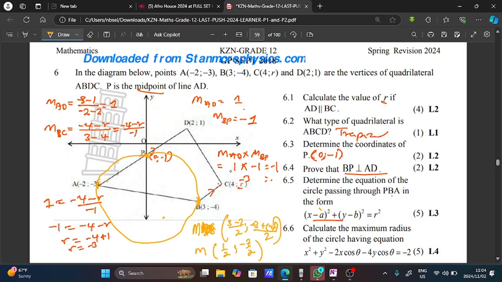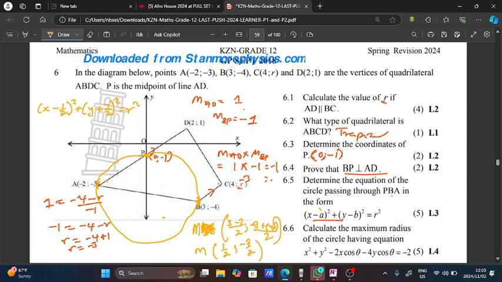Now let's substitute what we have. Now it means we'll have x minus half, all squared, plus y plus 7 over 2, all squared, equals r squared.